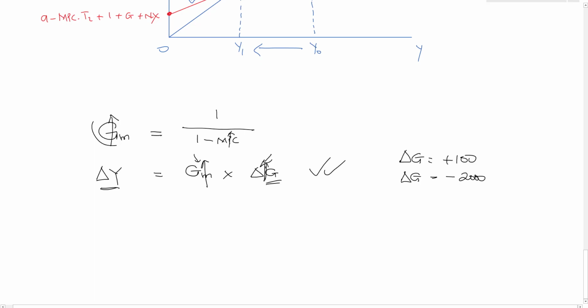Then changes in government spending are going to have a bigger impact on the real GDP. So basically, let me just rewrite it. Higher marginal propensity to consume leads to higher government spending multiplier, leads to more effective fiscal policy using changing G.